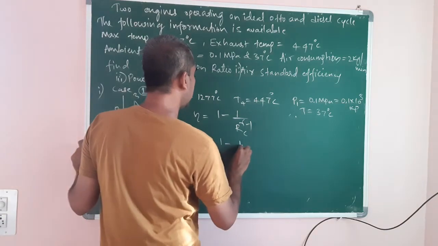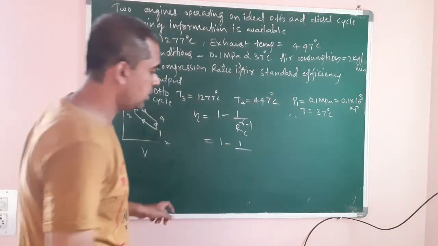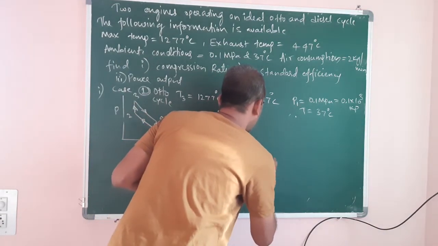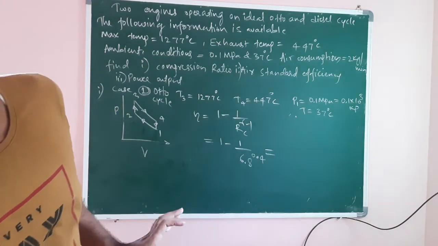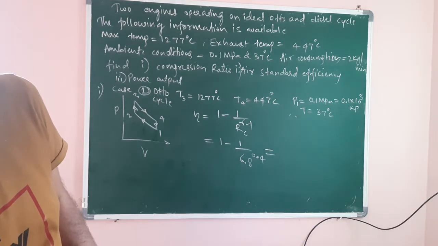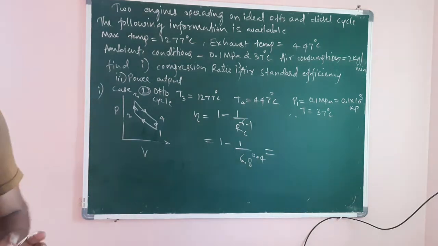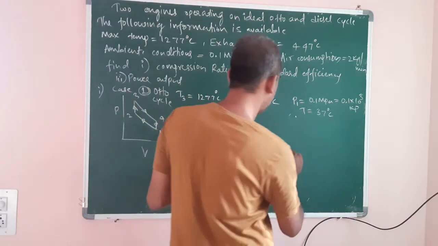1 minus 1 divided by, just now we have calculated RC, it is 6.8 raised to 0.4. You will get efficiency as 35.5%, or 53.5 maybe.